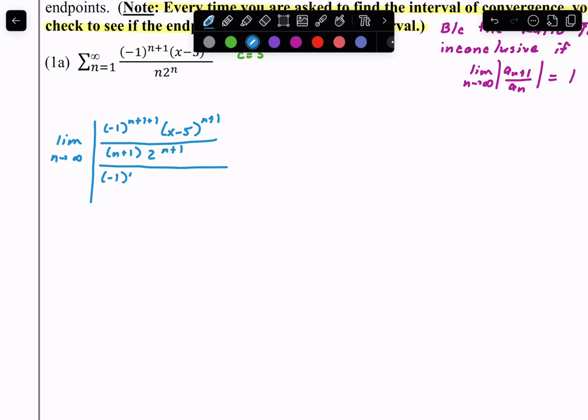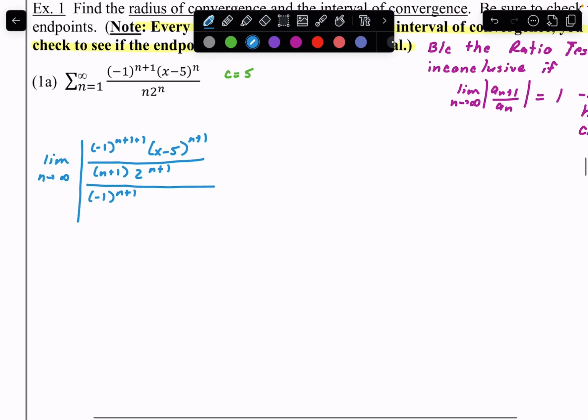Now, the good news about putting absolute value signs around this expression is that the negative 1 isn't going to do anything, right? So basically, this is a 1 and this is a 1, so it doesn't really do anything because negative or positive won't matter once it's in absolute value signs. So that's something to consider. N times 2 to the n.